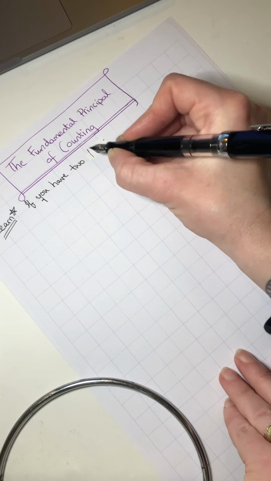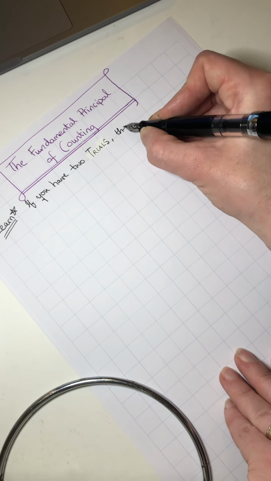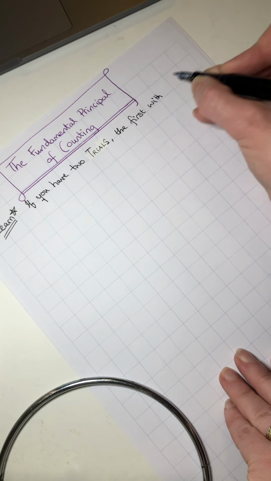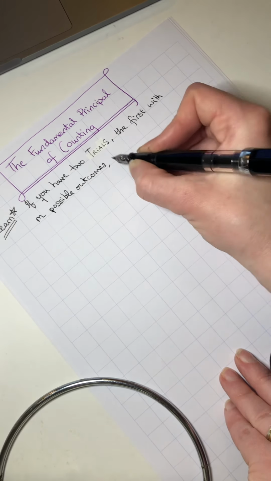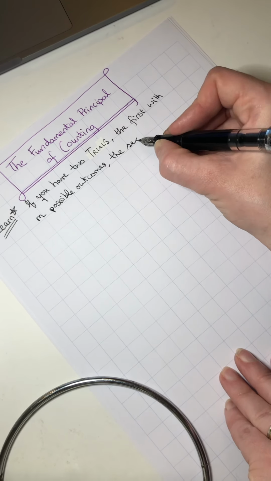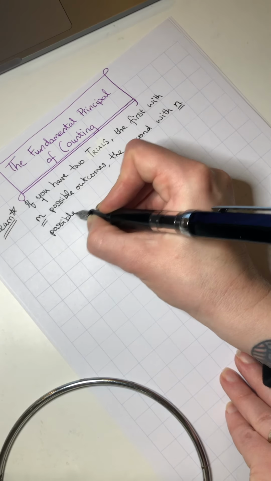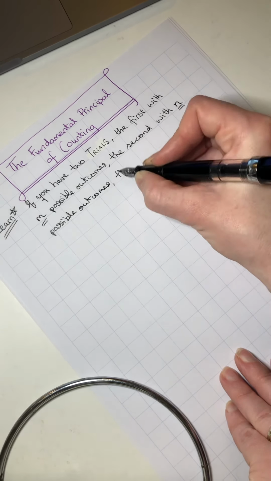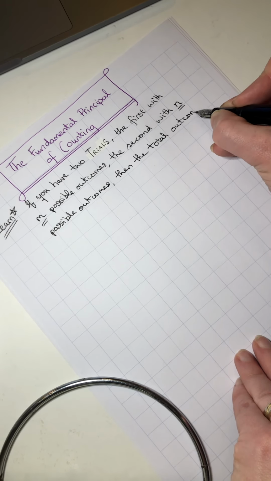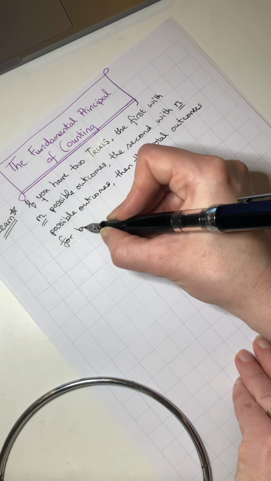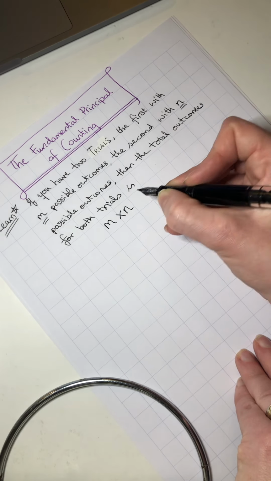So if we have two trials, the first with m possible outcomes, and the second with n possible outcomes, then the total possible outcomes for both trials is, and this is really important, m multiplied by n.